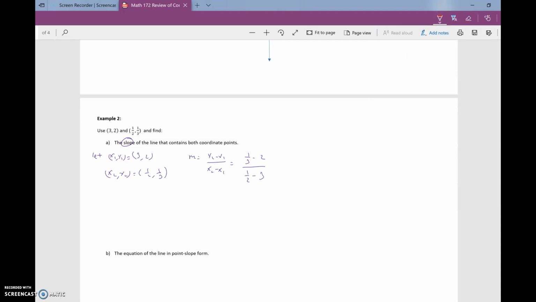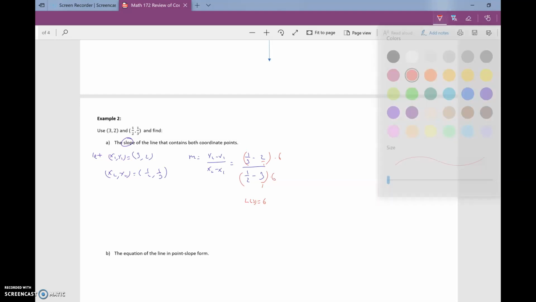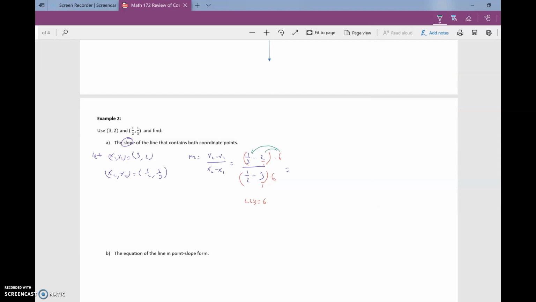And what I'm going to do here is cancel the fractions. Your LCD is equal to 6. So multiply the top times 6, multiply the bottom times 6, and we're going to obtain the following. And keep in mind that you're multiplying every one of the terms.